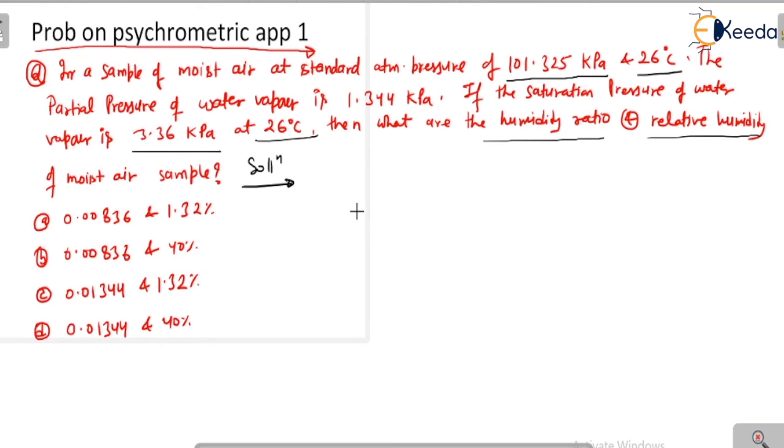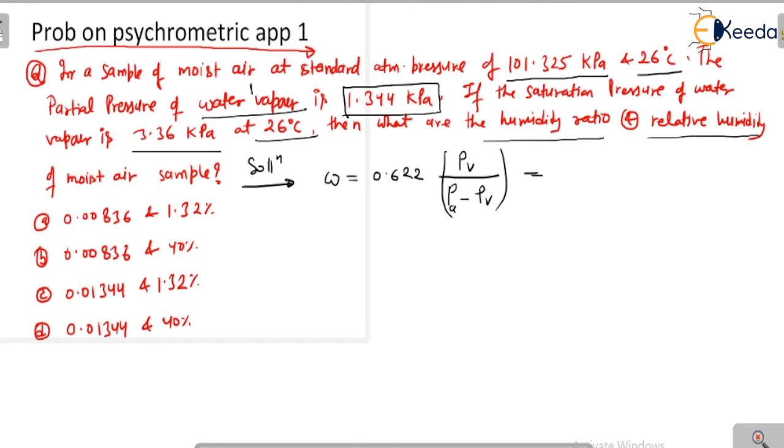relative humidity? So first of all, you have to apply your standard formula for humidity ratio. That means for omega, first apply the standard formula: omega equals 0.622 times PV upon P total, that is P atmospheric minus PV. Write this formula first. Now you have to mention the value of PV, which is your partial pressure of water vapor.